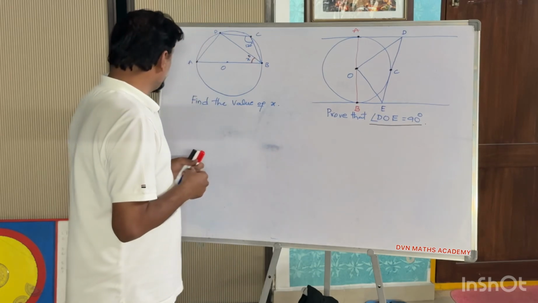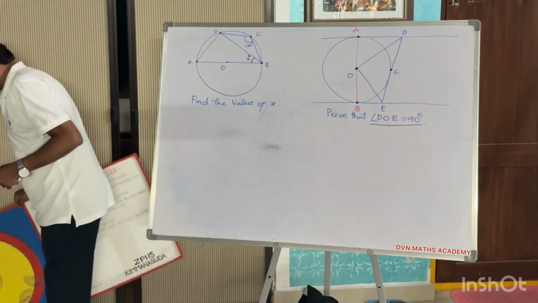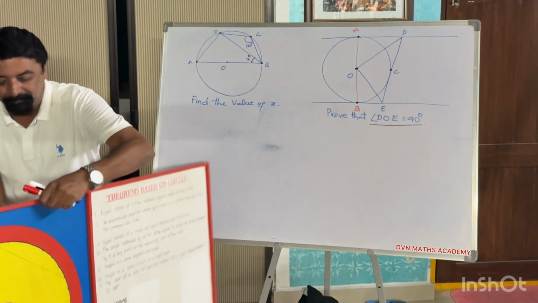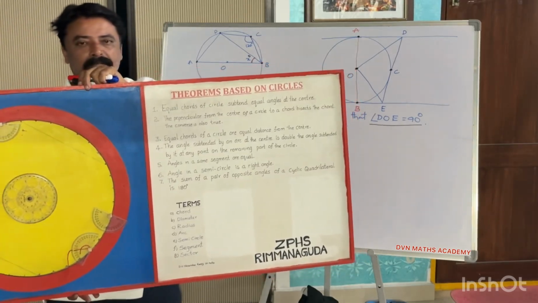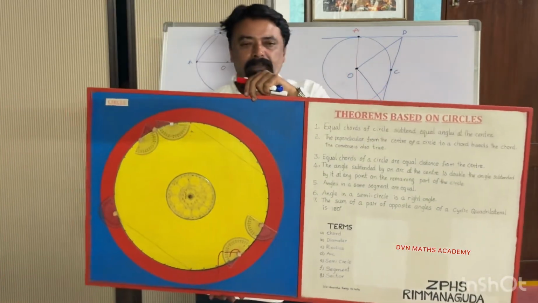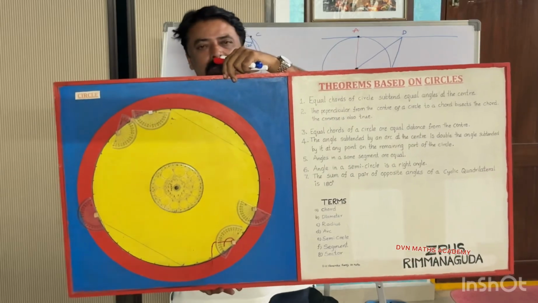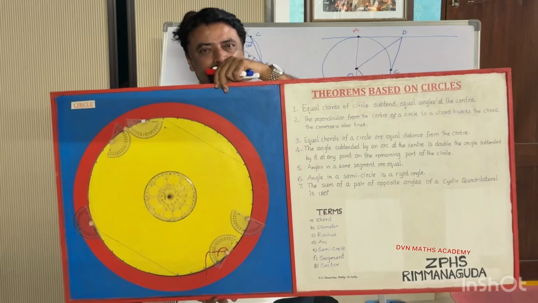So here I will show you one TLM. This is the TLM I prepared to learn different types of theorems in circles. By using this TLM, we can teach every theorem which is in 9th class and, by the way, in the 10th class.